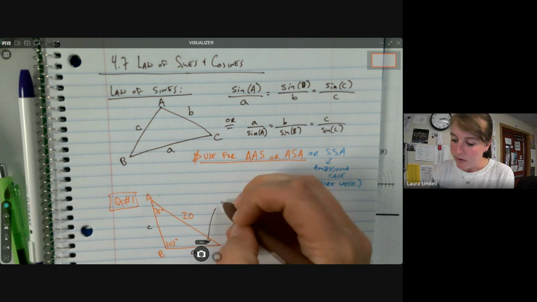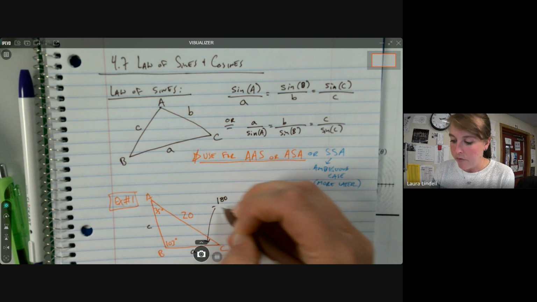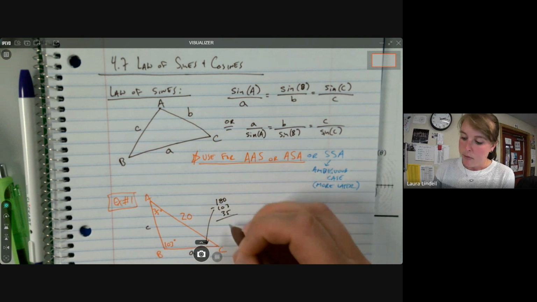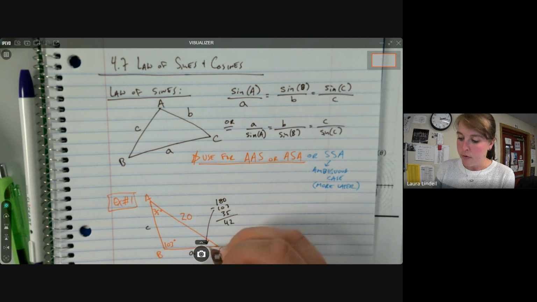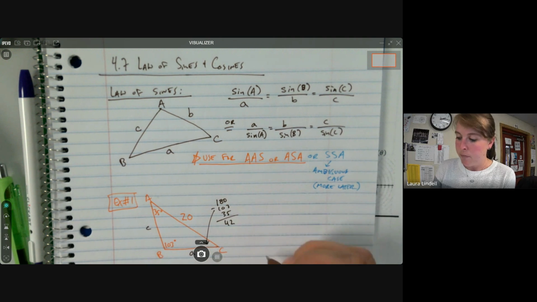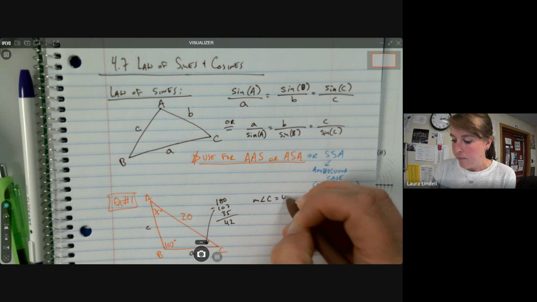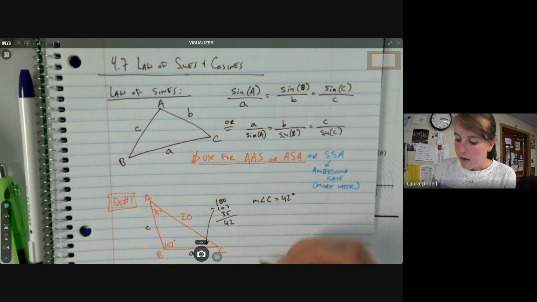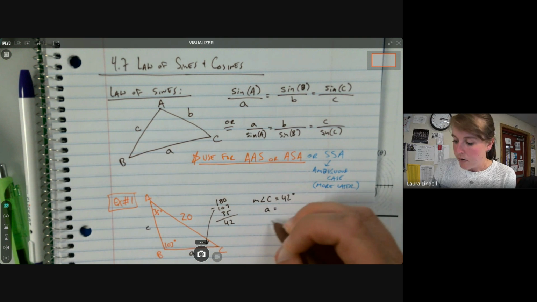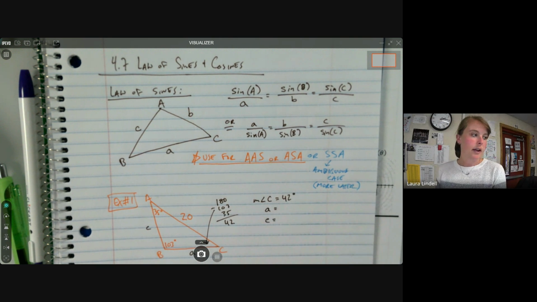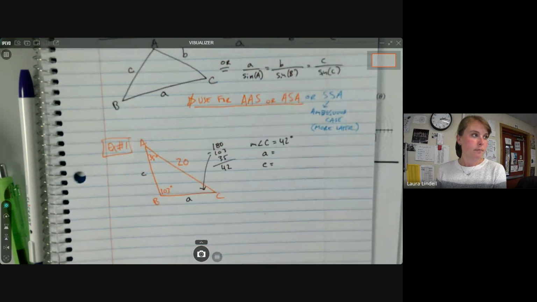So we can just take 180 and subtract off 103 and 35. And when we do that, we should get 42. So our first piece of information that we know is the measure of angle C is 42 degrees. The other two things we are looking for are a and c. So we're just going to collect those there.